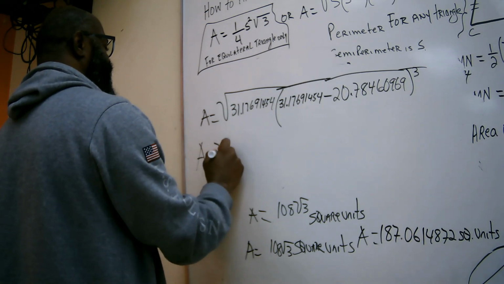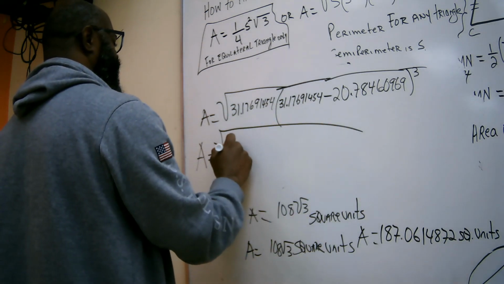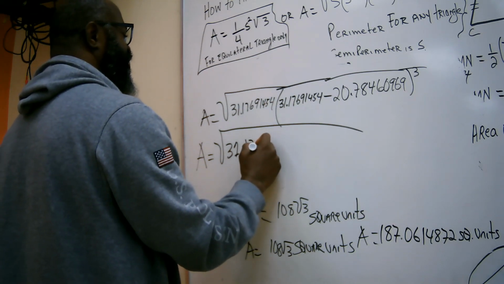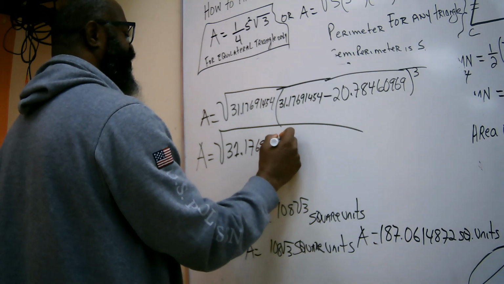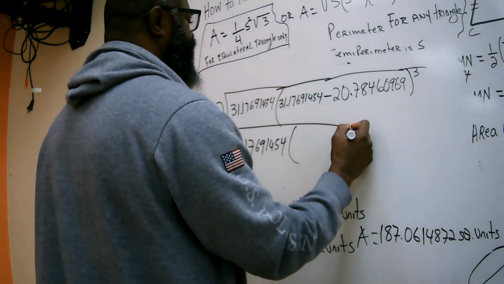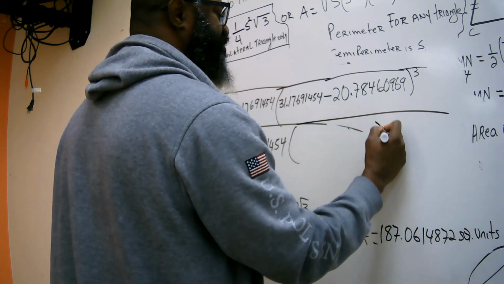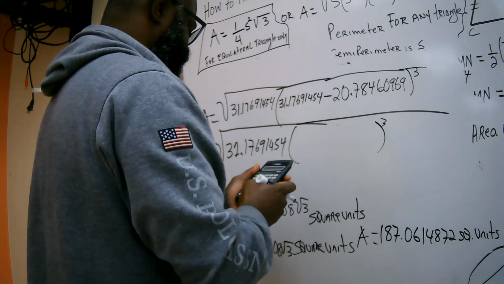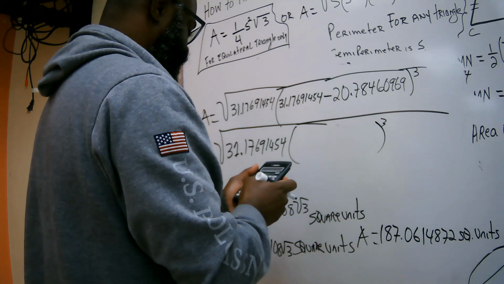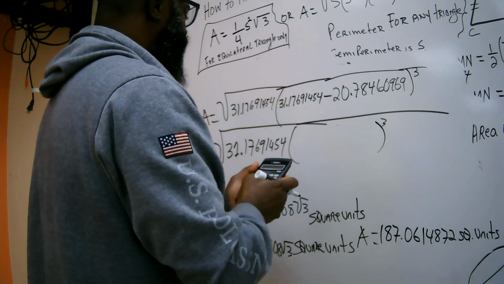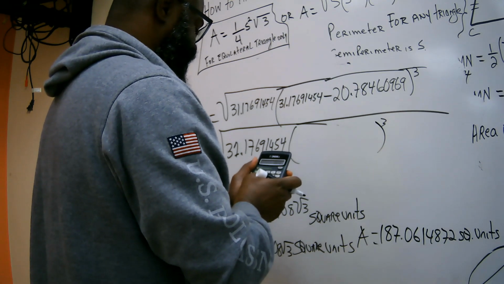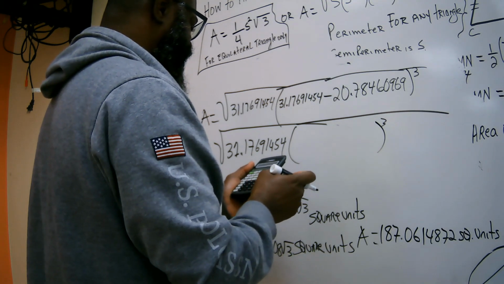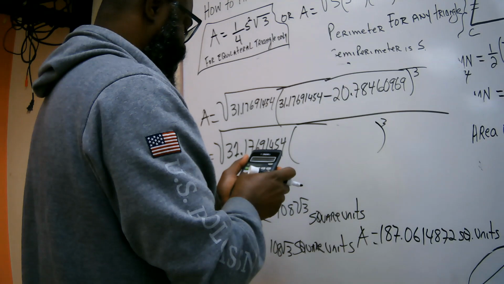I'm keeping all of my decimals, so the answer can be as close as possible. I'm going to cube that. That will be 31.17691454 minus 20.78460969, then you cube that answer.